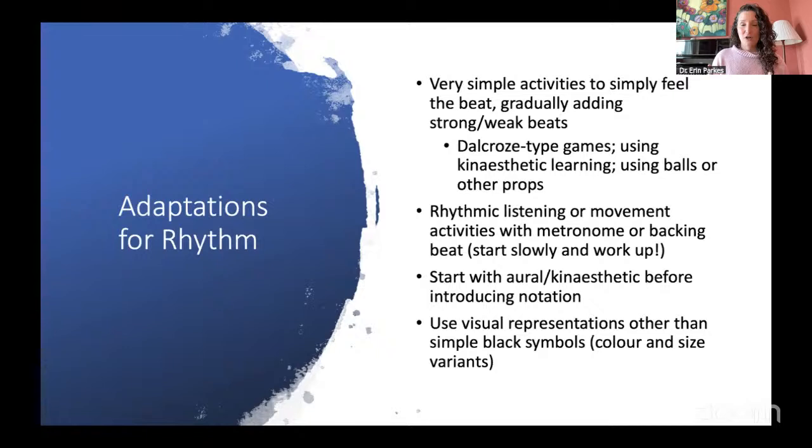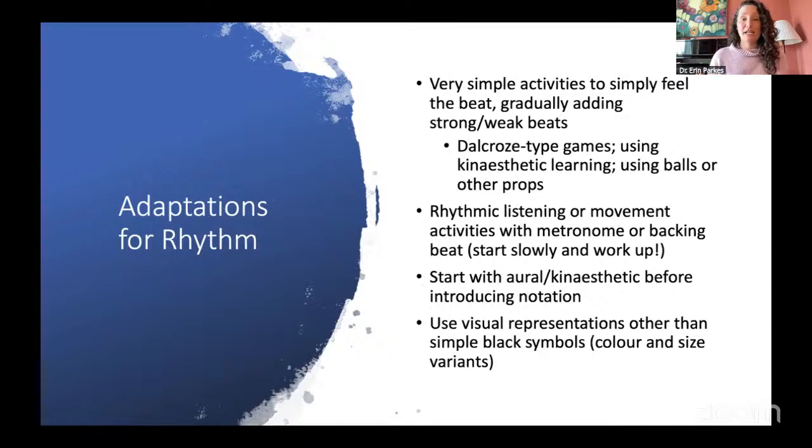So start with the beat at 60 beats per minute and then try to go up to 69 and then try to go up to 76, and go up in little bits and see, again, that zone of proximal development idea. Where do they hit their line? And then work up to that and then try to gradually push. We're doing this all the time, right? It's just being very conscious of using it in that context for this particular group of students.